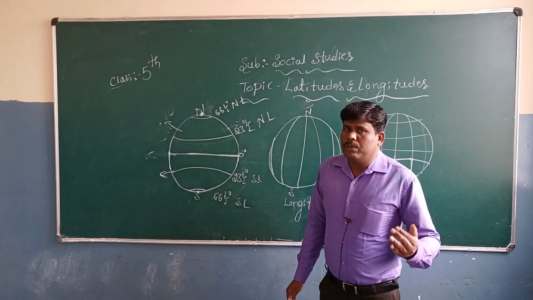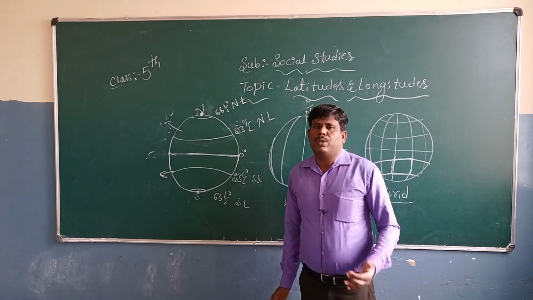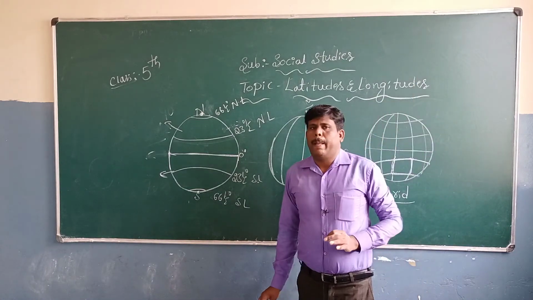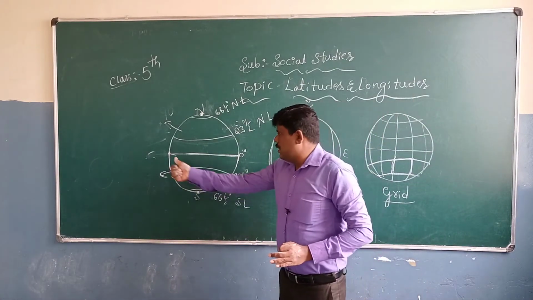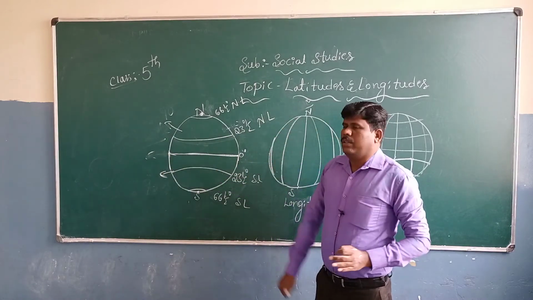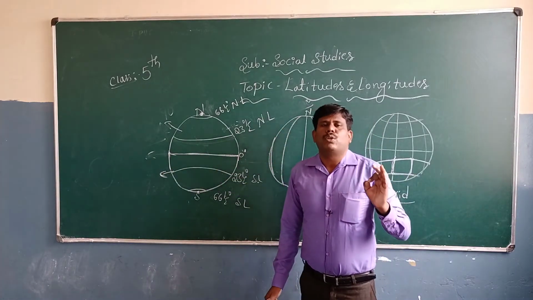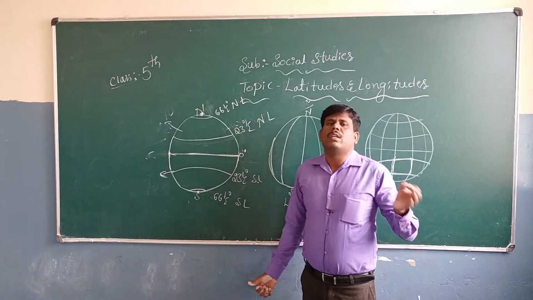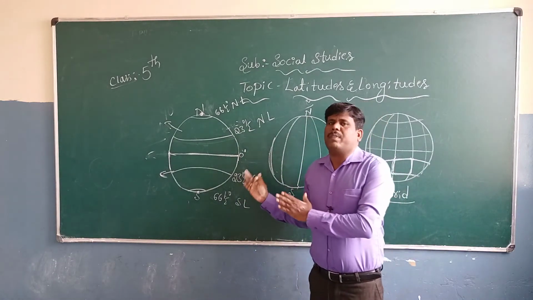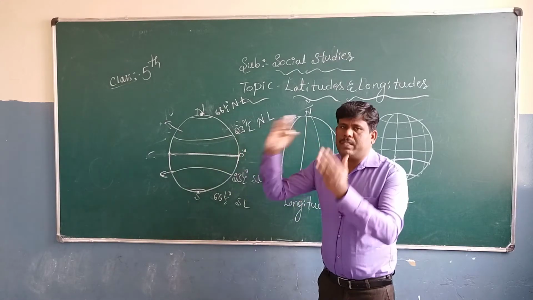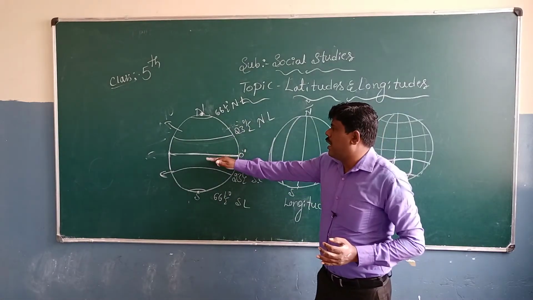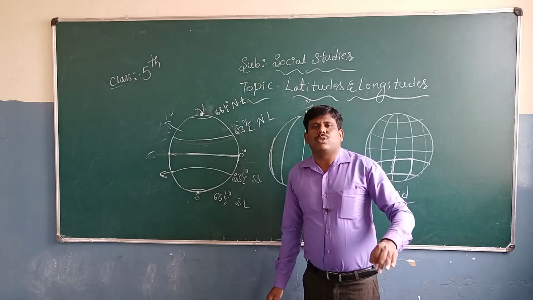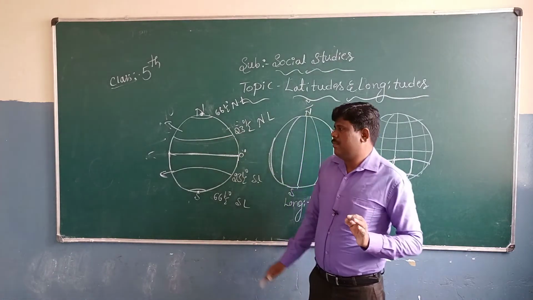Now we will learn about the features of latitudes. These lines are drawn from east to west. All the lines of latitude are parallel to the equator.